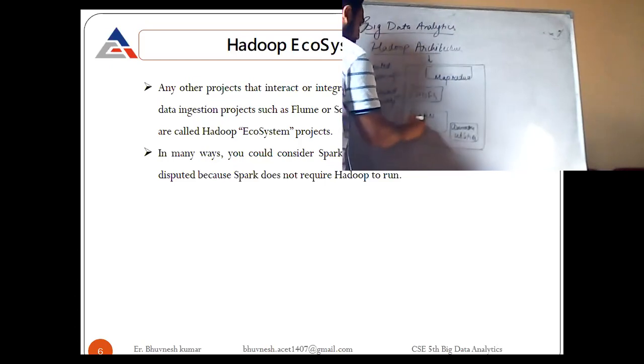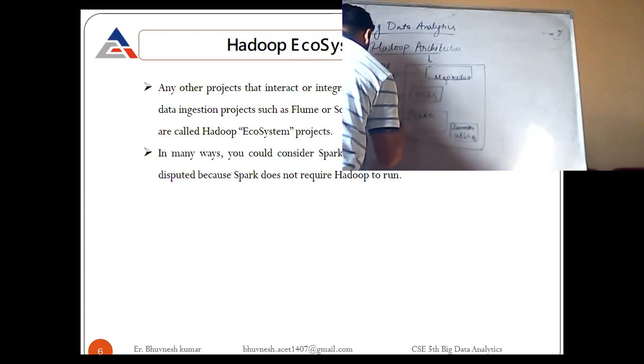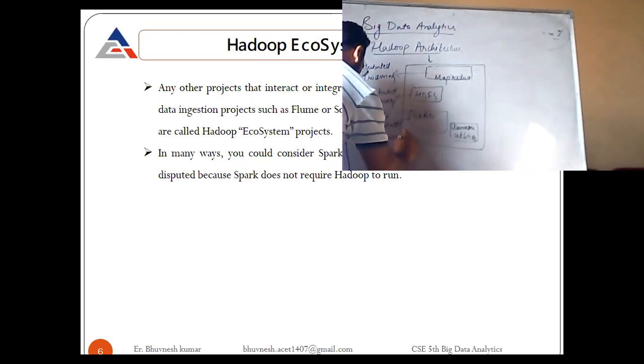Then YARN, Yet Another Resource Negotiator, is used for job scheduling and resource management.